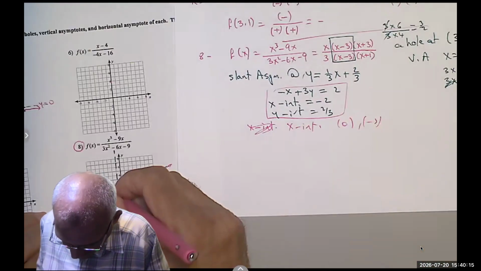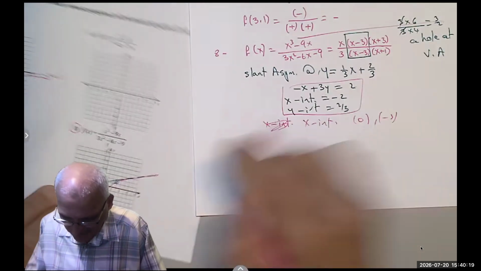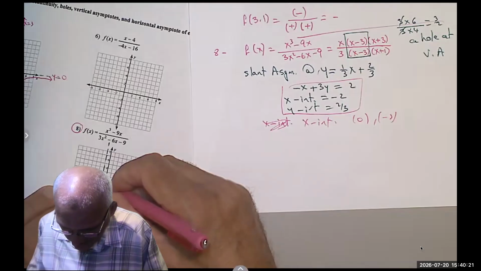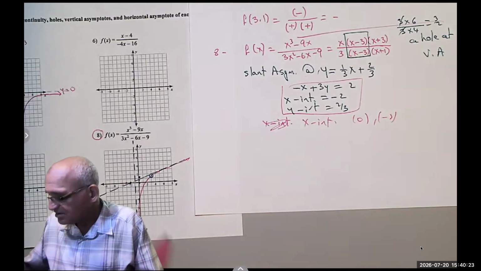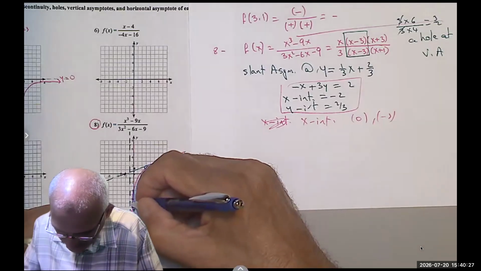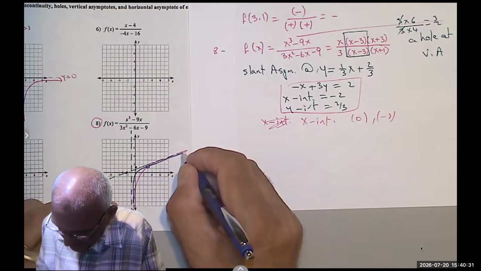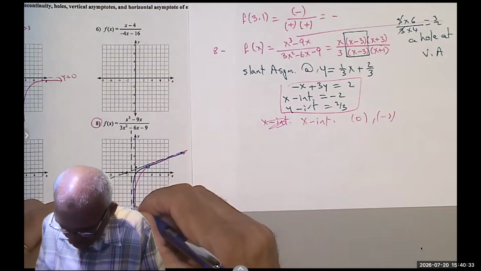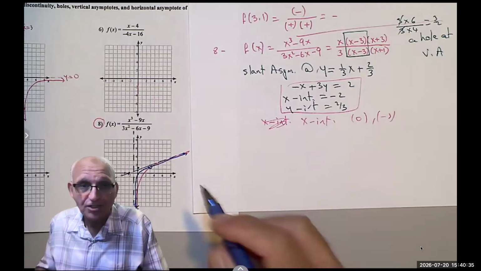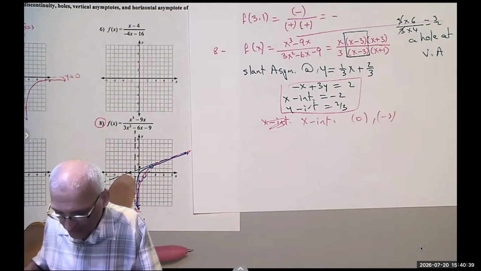So -3, and this should have passed through the origin. So that's why I said it's better to use the calculator and get values. It should be more like that. That's when I said you can make it more accurate by taking more points. So just ignore that. And it passes through this point.